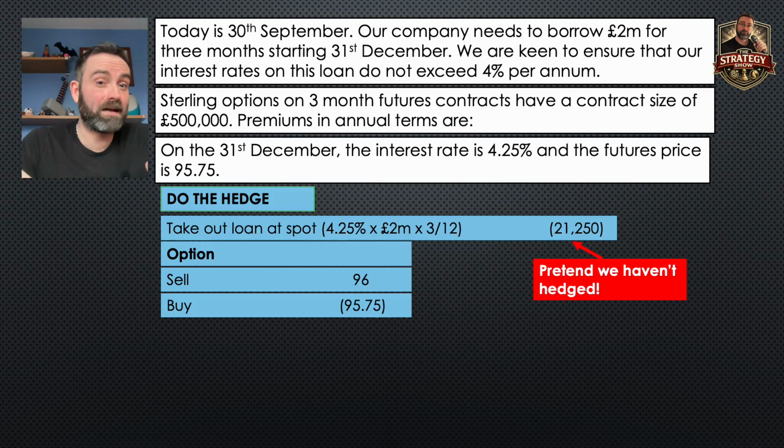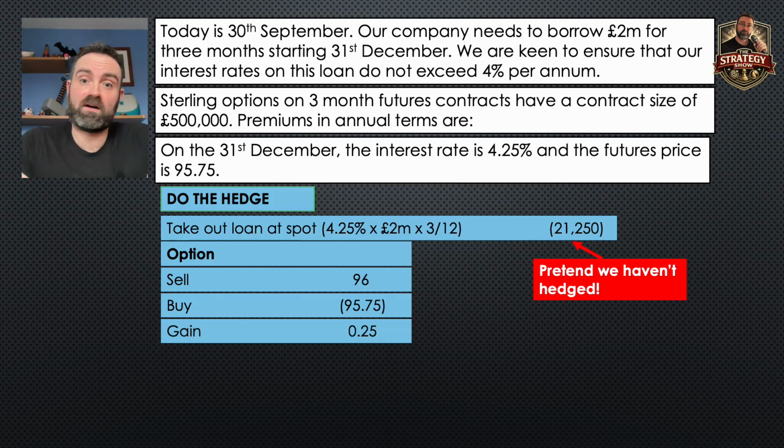Now, in a dazzling bit of mental arithmetic here, if we sold for 96 and we bought back at the lower price of 95.75, this means you'd make a gain on each contract of 0.25. Now, we like gains. Gains are good. So we exercise the option and we do just that. We sell and buy the futures back and make a gain of 0.25% per annum per pound hedged.